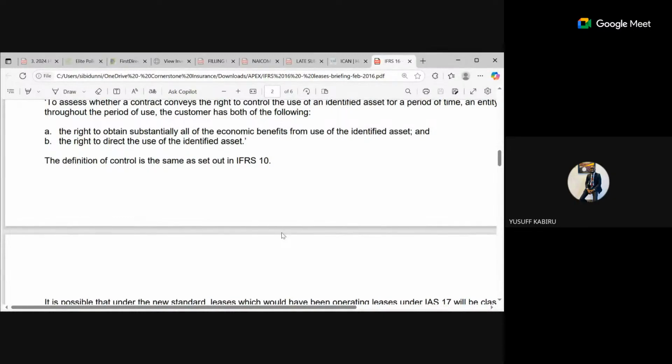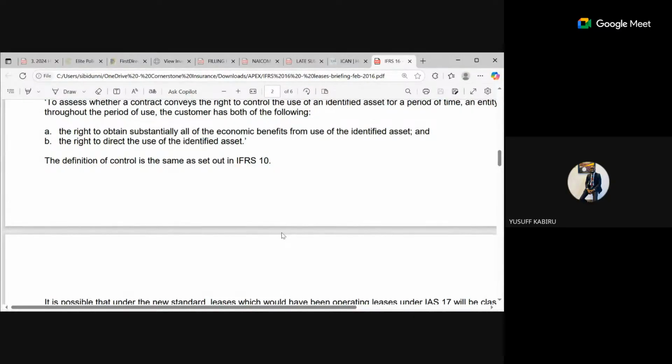You understand the standard. So the first one, the right to obtain substantially all of the economic benefits from use of the identified asset. You can put it in another form, but it must mean the same thing. That is the right to obtain all the economic benefits from the usage of the identified asset.